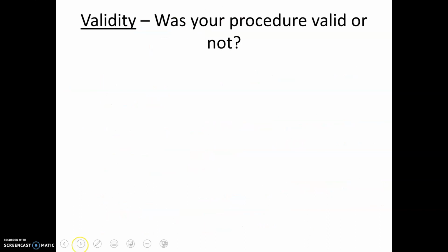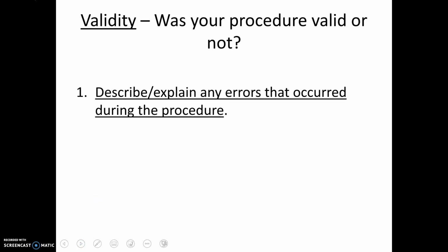So finally, we're going to talk about validity. And this is, was your procedure valid or not? So this is going to be another thing that we add to our writing. So part of this is going to be, first step, describe and explain any errors that occurred with the procedure.